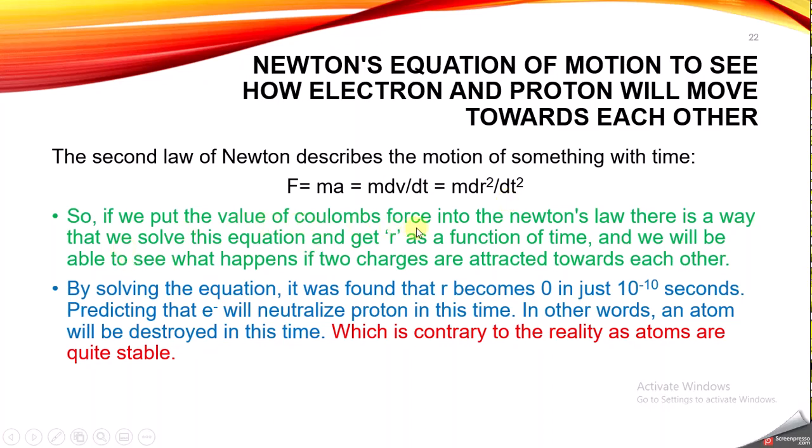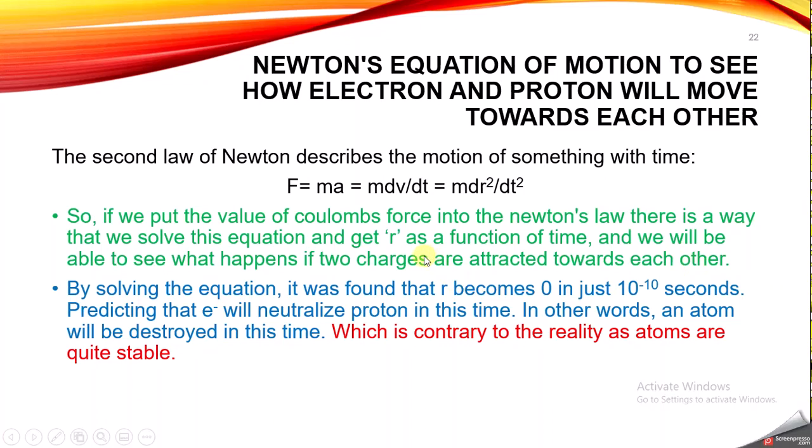If we put the value of the Coulomb's force into Newton's law and solve this equation, we can get r as a function of time. So we will be able to see what happens when the two charges are attracted towards each other.